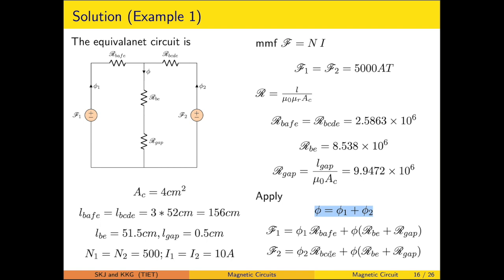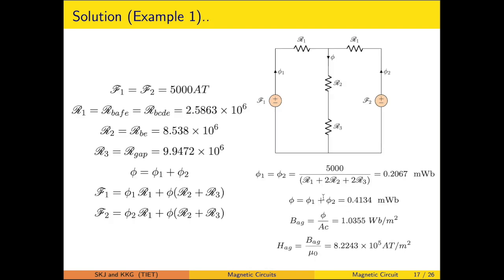These two equations are solved, giving the values of phi 1 and phi 2. The flux is expressed as the sum of phi 1 plus phi 2. The air gap flux density is calculated as phi upon area of cross section. The magnetic field intensity inside the air gap is calculated as B upon mu. So the calculations come out to be simple, where mu r is specified.